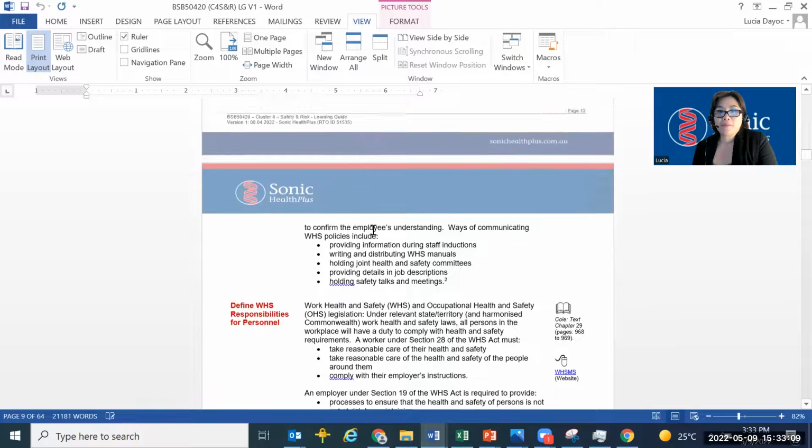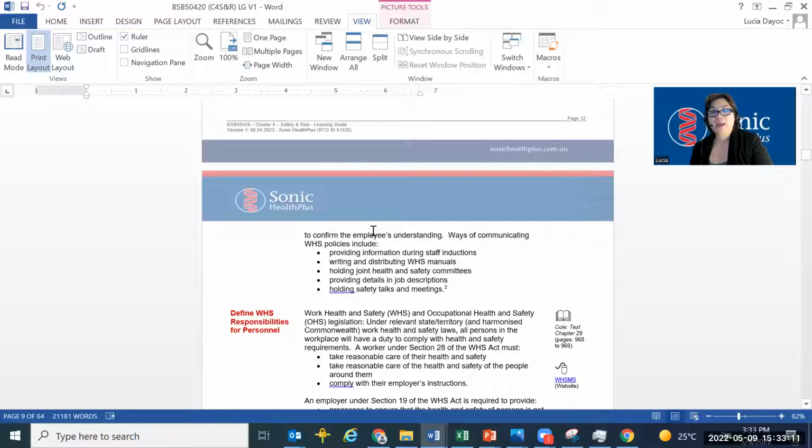Now, I think I'll stop right there, and just for this particular topic, just to summarize it, we all know that it is our legal obligation in the business, and it doesn't only affect the business owners. It is for everyone, it's keeping yourself safe, keeping others safe. To know what is required of you, you need to understand the law.